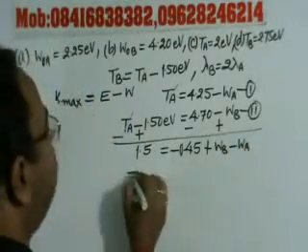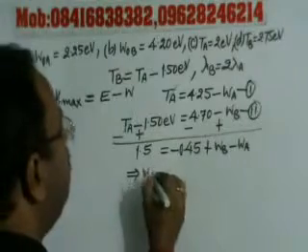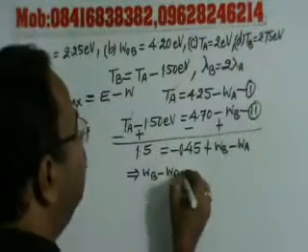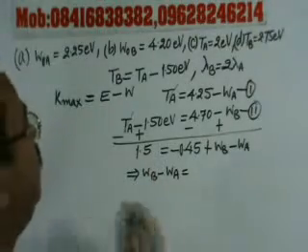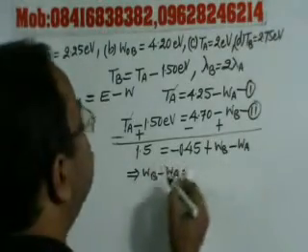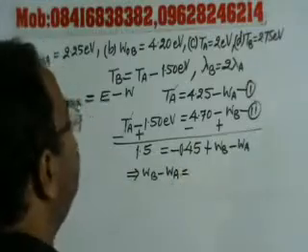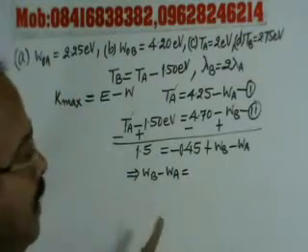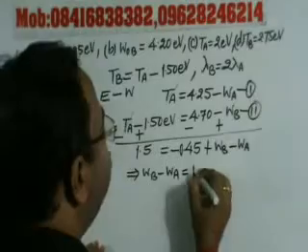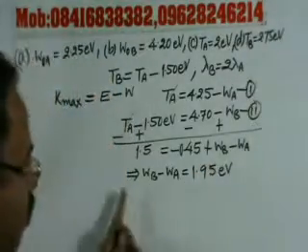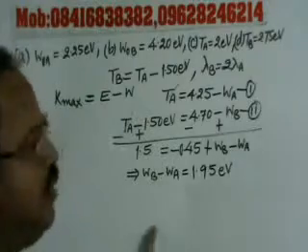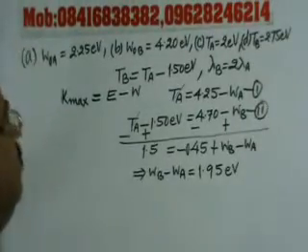So Wb minus Wa will be equal to 1.5 plus 0.45, which is 1.95 electron volt. So Wb minus Wa is equal to 1.95 electron volt.